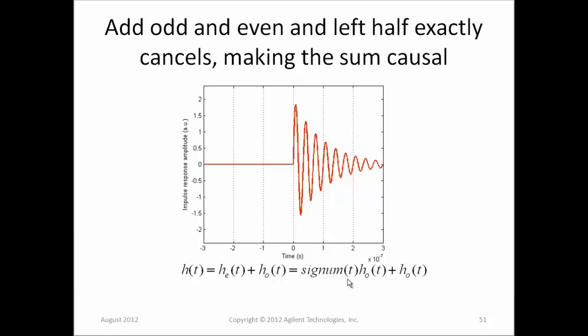So when I add them together, they cancel. So I have a causal impulse response. I decompose it into an even part and odd part. The even part was the signum function multiplied by the odd part, and then we've added in the odd part again. So now I've got my causal response, and I've decomposed it in this way.